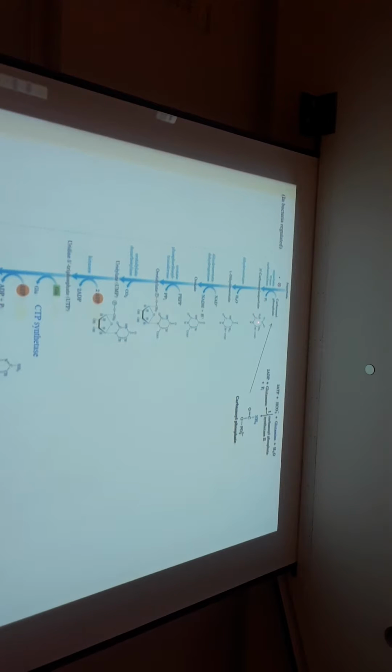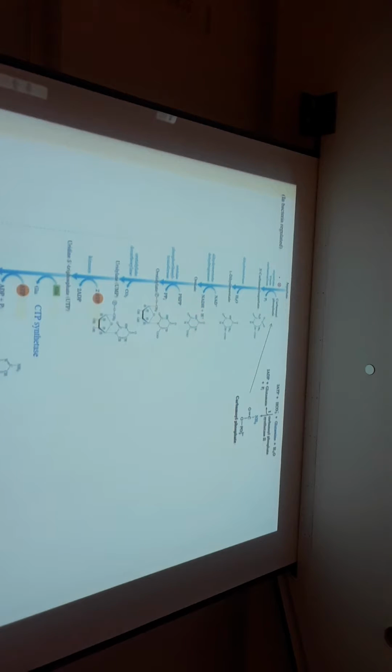And then we have an enzyme, dihydroorotase, that cyclizes this structure. Remember, we want to synthesize a pyrimidine nucleotide. Then this is being reduced to produce the pyrimidine orotate.